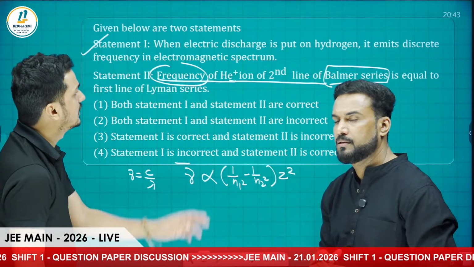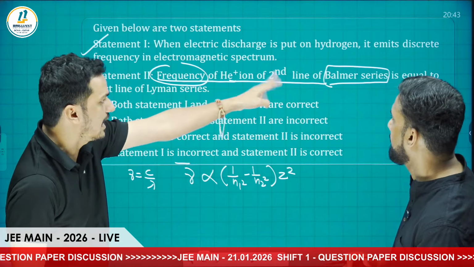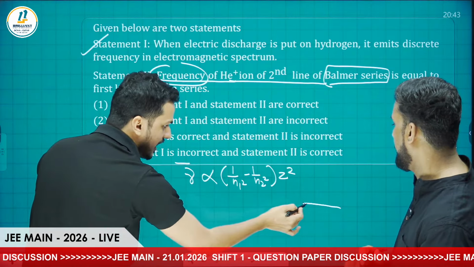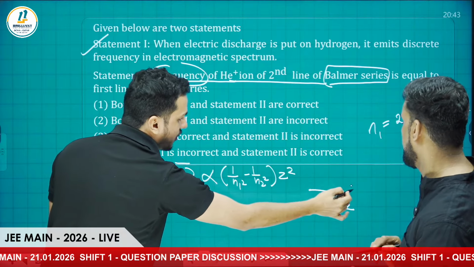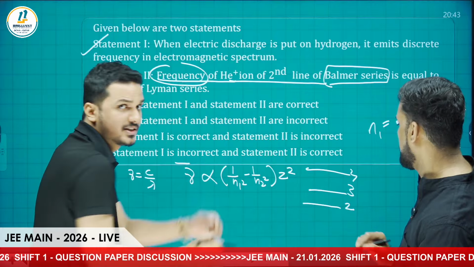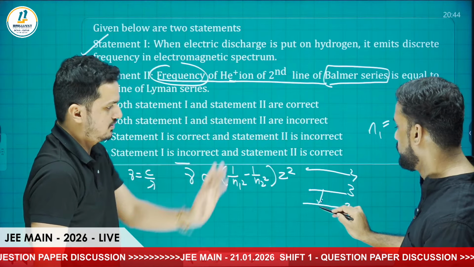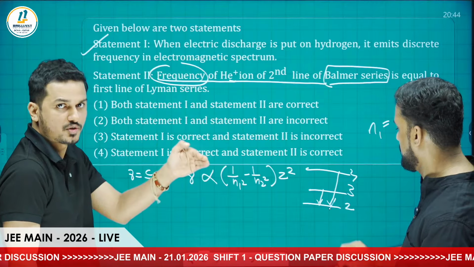In the case of the second line of the Balmer series, everything is coming to 2. So n1 is equal to 2, and the lines are 3 to 2 and 4 to 2. First line means 3 to 2, and second line means 4 to 2.